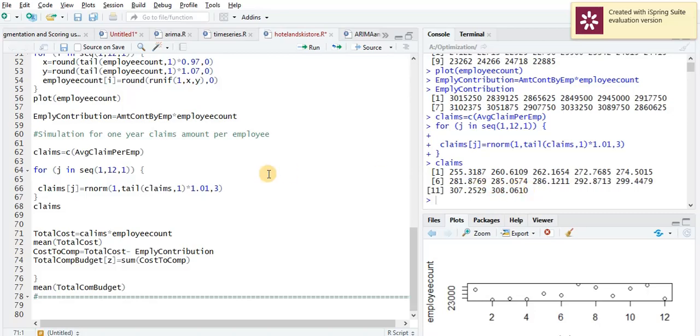After getting the claims for the 12-month variation, we will go for the total cost of health insurance. That is nothing but claims times employee count.